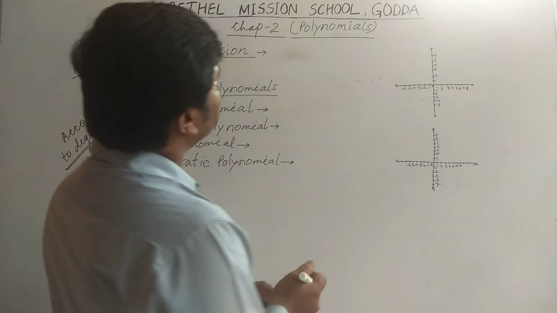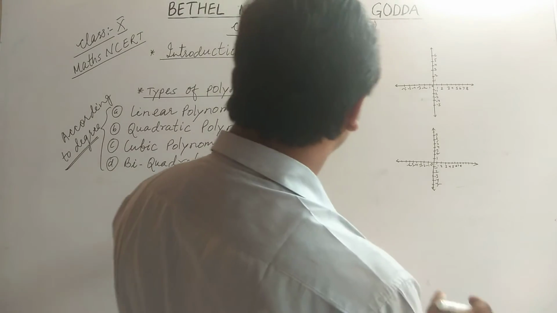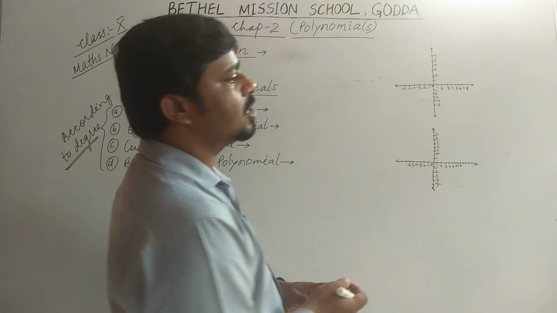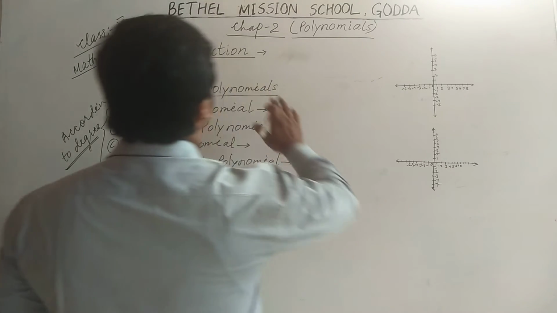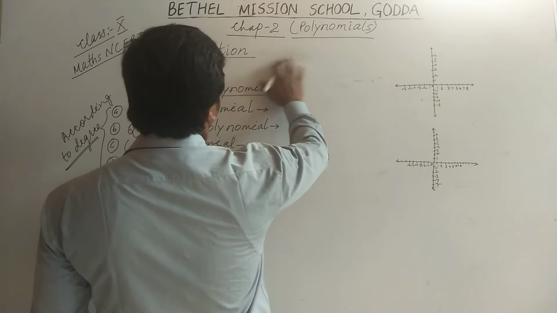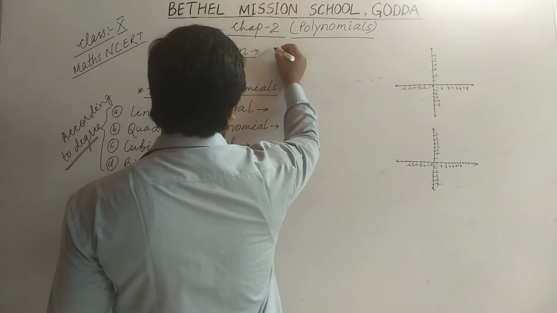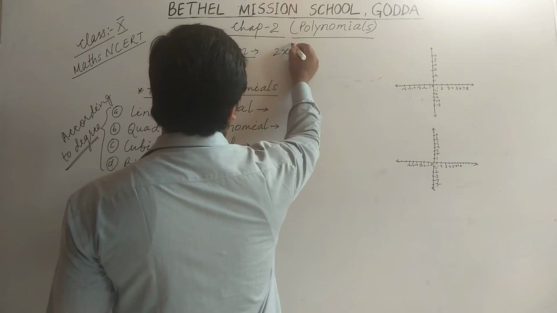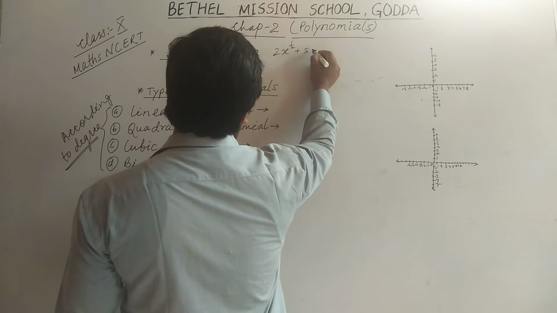So polynomial means an algebraic expression with non-negative integral powers. The powers should not be fractions. Suppose an example, 2x^(1/2) + 5.